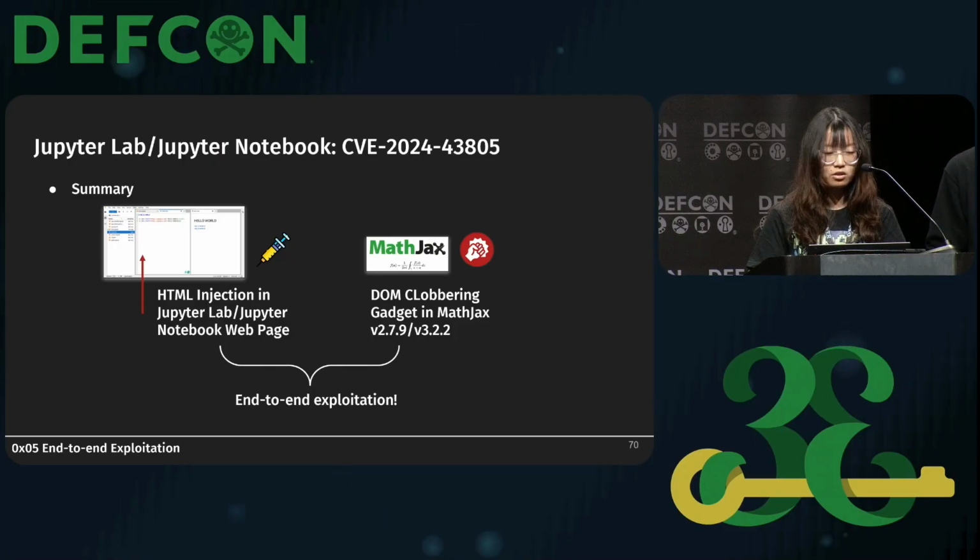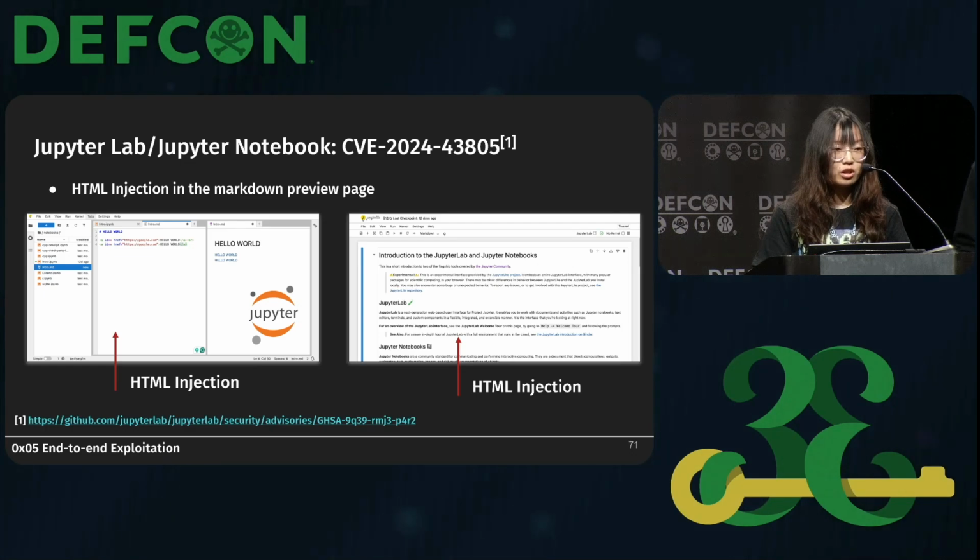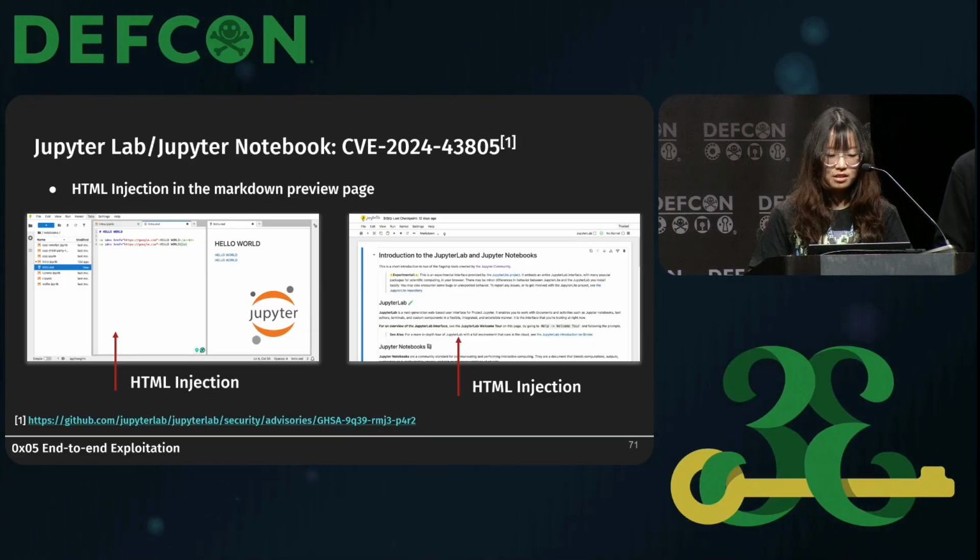Combining those two together, we can achieve end-to-end exploitation. In terms of the HTML injection, we found that in the markdown preview page of Jupyter Lab, if we just type in raw HTML tags, for example image or whatever HTML elements, it will be accepted and rendered in the web page.